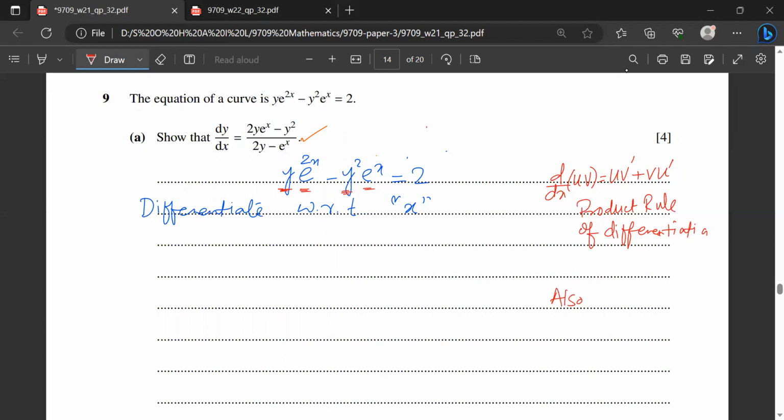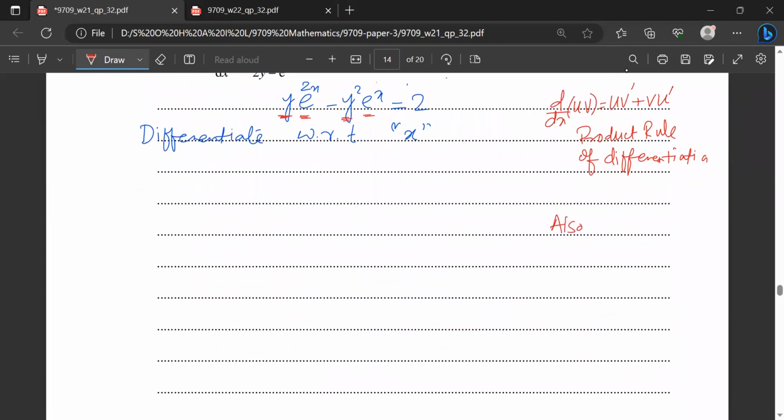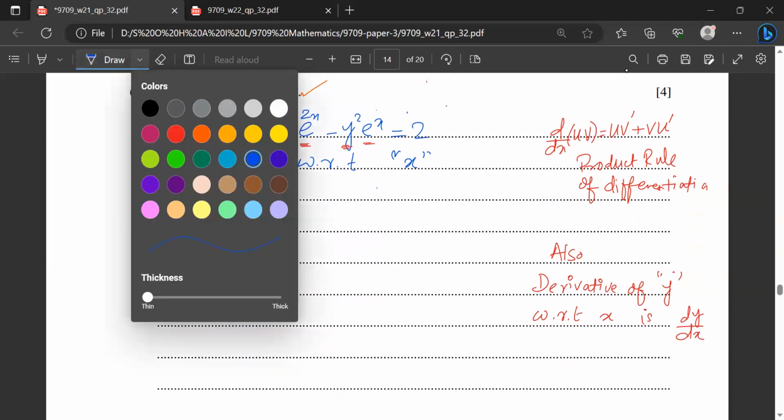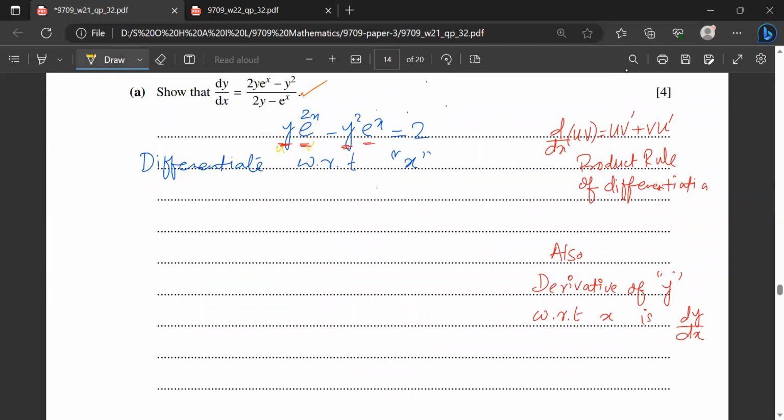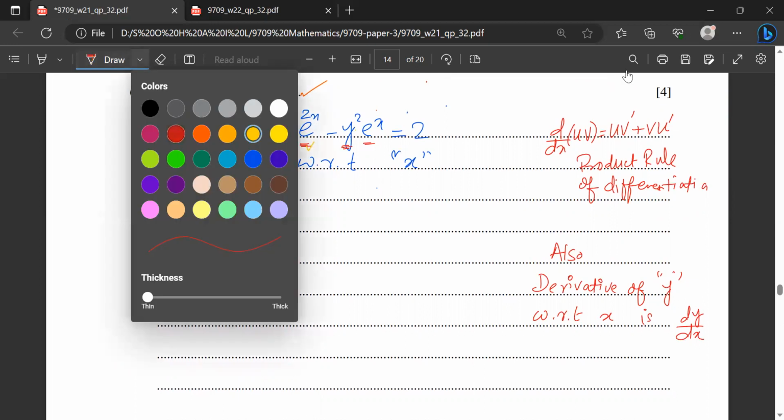Also, for this implicit differentiation, you must keep in mind that the derivative of y with respect to x is dy by dx. Now, coming to this solution, we have the product rule. You may take this as u, the other as v. We have two terms, and each is a product.